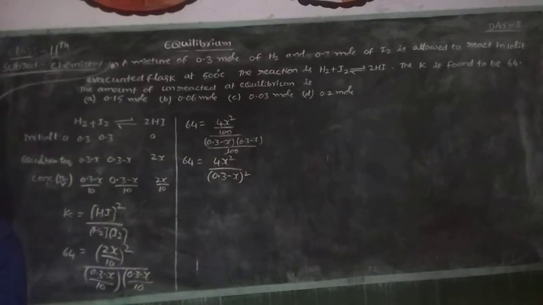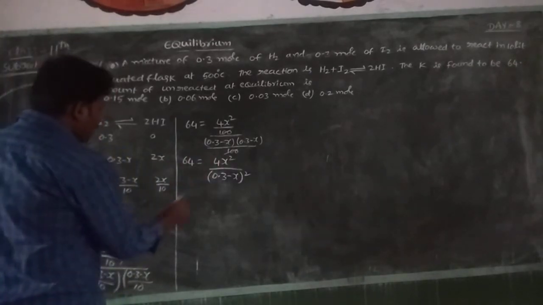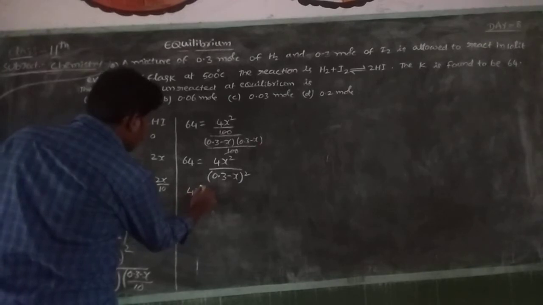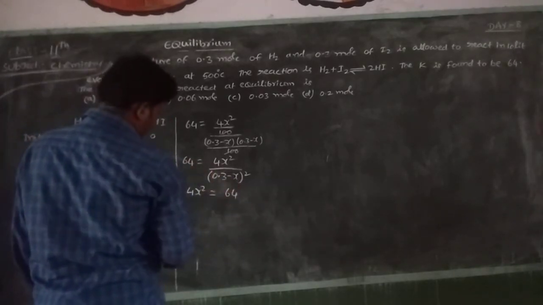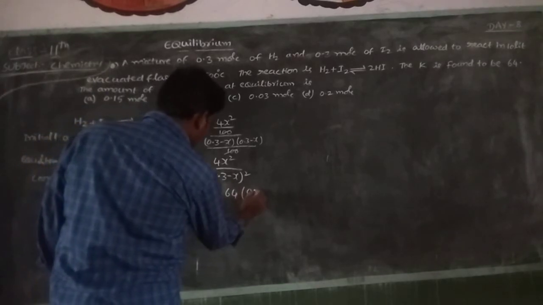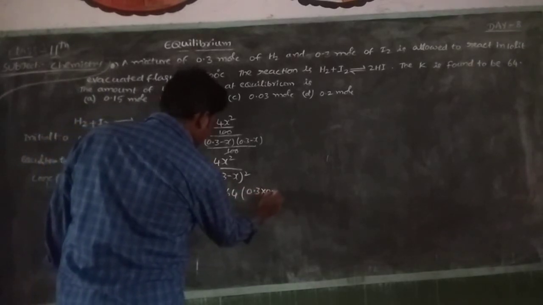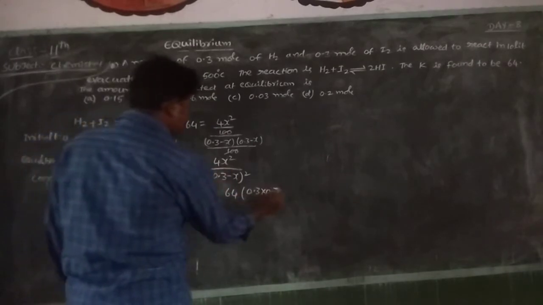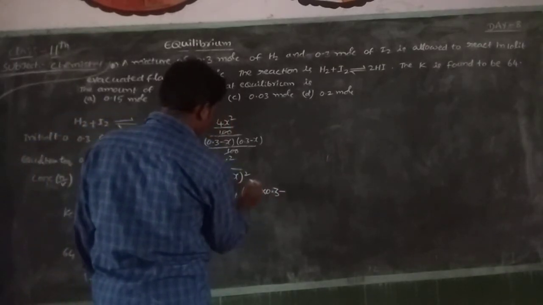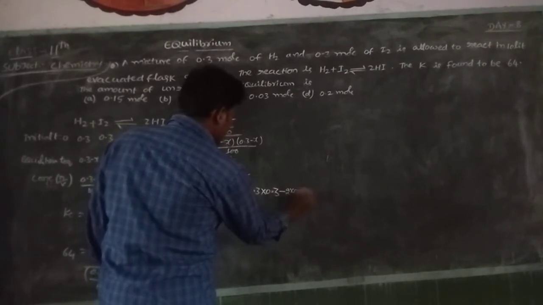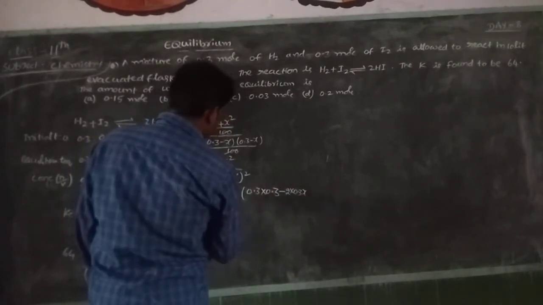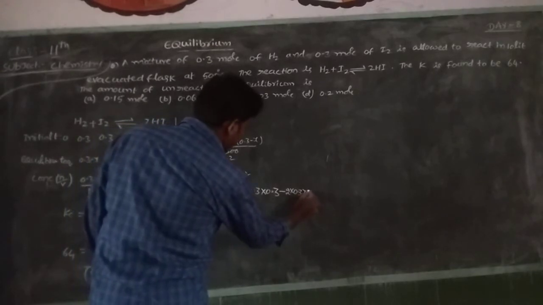Okay, have to write it: 4x square is equal to 64 into a minus b whole square. A square means 0.3 into 0.3, minus 2ab, 2 into 0.3x, plus b square, means plus x square.